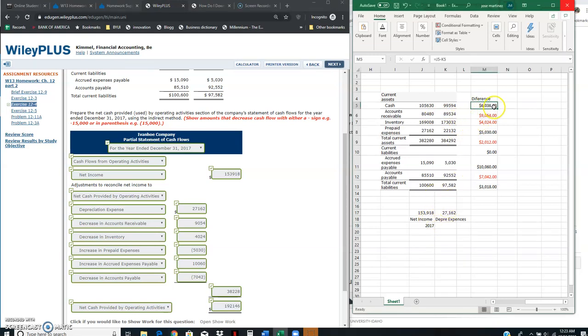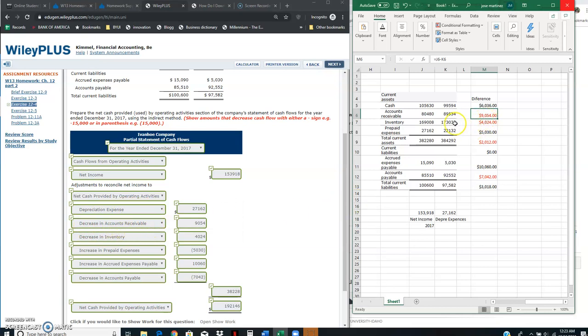We continue, and the difference, as I mentioned here, is just the difference between 2017 and 2016. So for cash, we see that these $6,036 are the difference between 2016 and 2017. We don't have to record cash here. We start with depreciation, and then we have a decrease in accounts receivable.